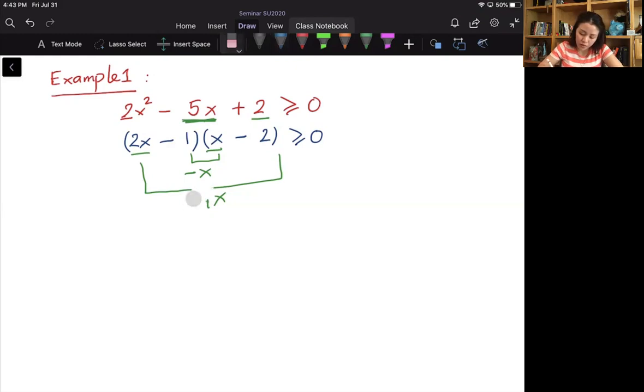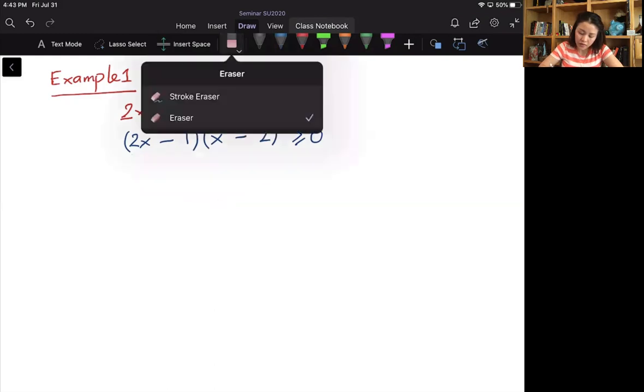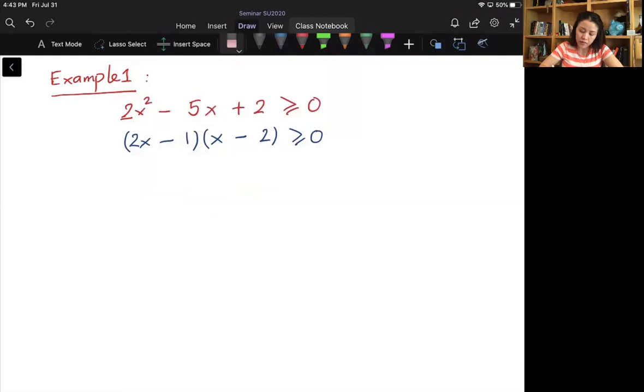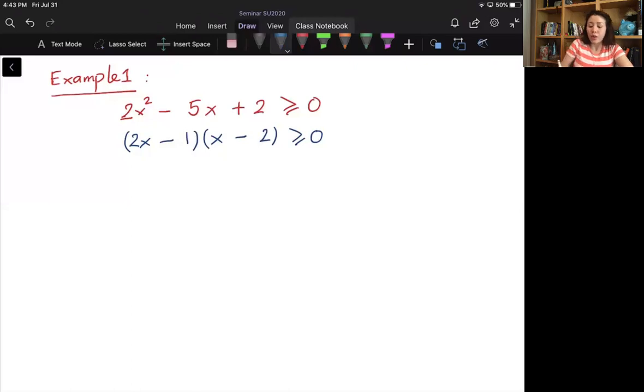Okay, let me erase all that scrap work. Now I've got this factored form. What we need to figure out next is when this expression is greater than or equal to 0. One way of thinking about this is that I have two numbers, and their product is greater than or equal to 0.